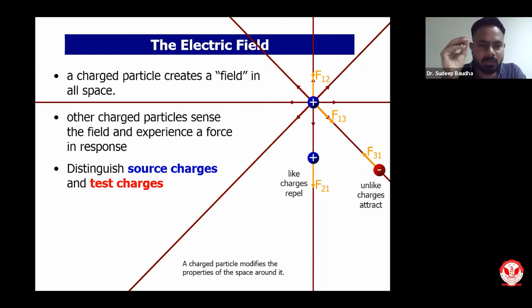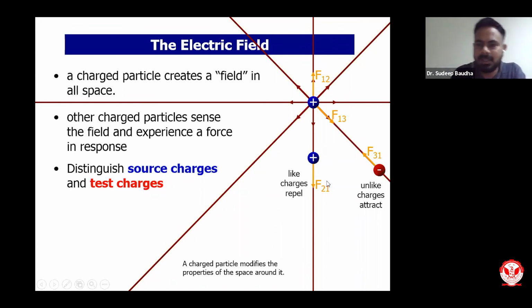Distinguishing source charges and test charges: we consider one particular charge as the source charge and another as a unit charge, or a very small amount of charge, known as a test charge.